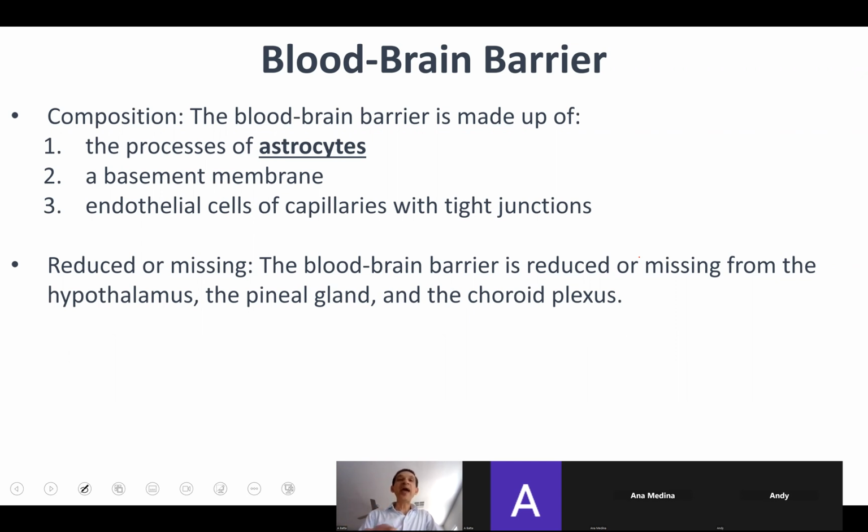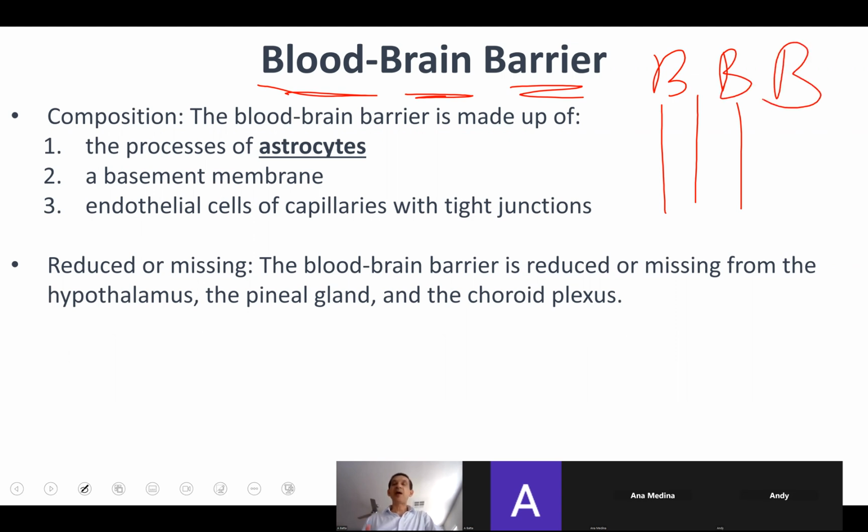So we have a structure made up of 3 layers, 1, 2, 3, that we call the blood-brain barrier, abbreviated BBB. You will see both of them. You will see BBB used more commonly.